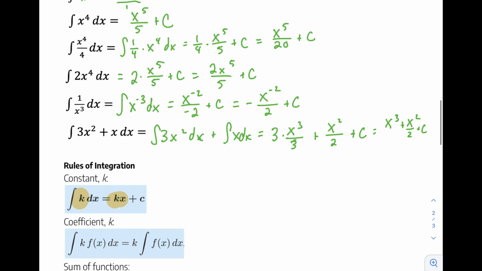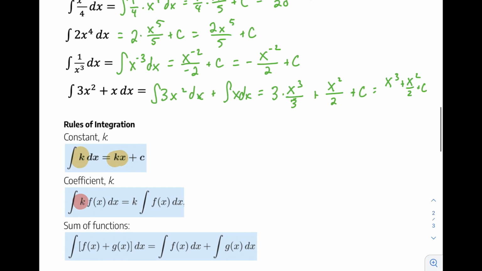If we have a number in front, like we have 1/4, we had 2, we have 3, well, what you can do is pull the number out and just ask yourself, what is the integral of the function, and multiply it back by your number. And similarly, when we have many functions added together, you can treat them separately and then find the integral.